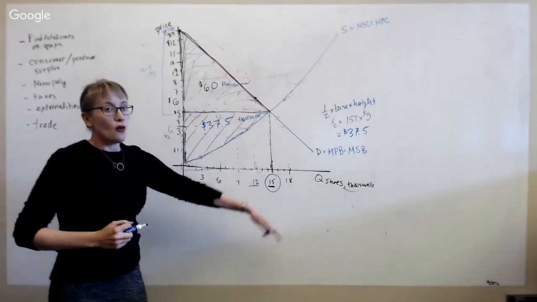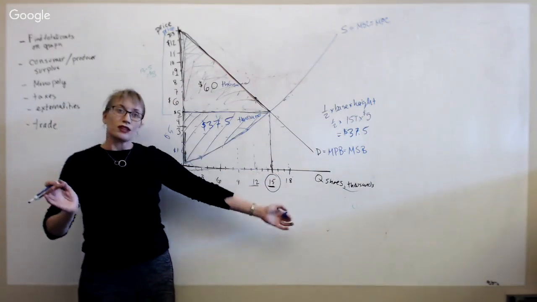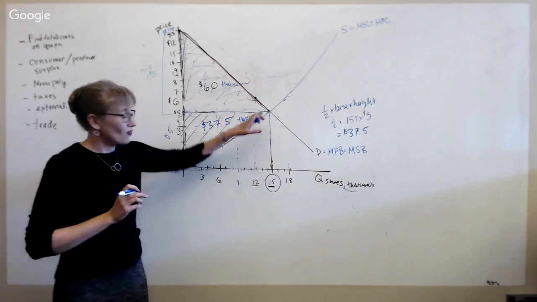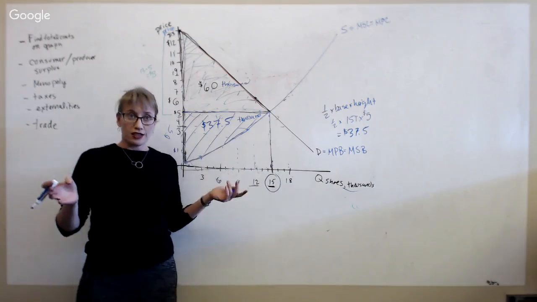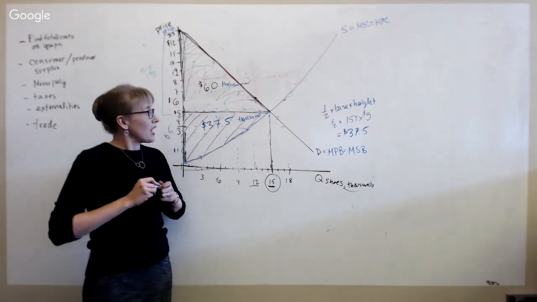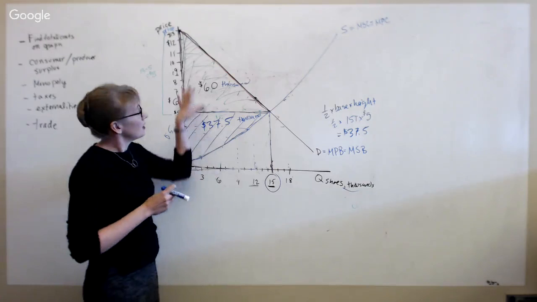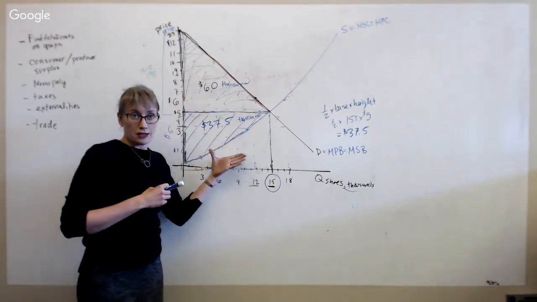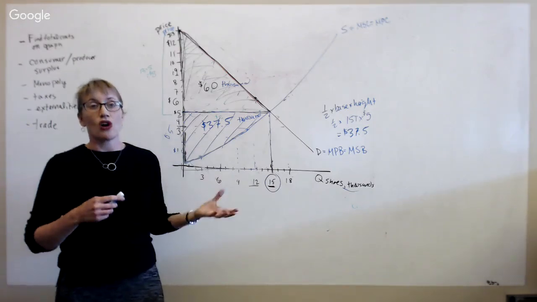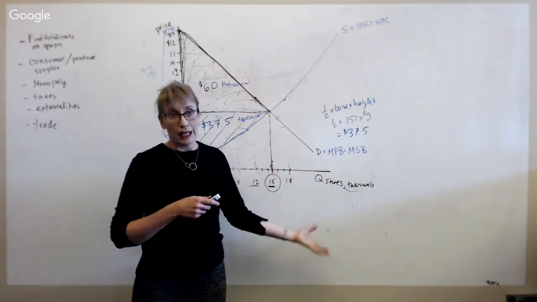And a market with no externalities that's perfectly competitive, that is in equilibrium with no intervention or price controls from the government, no taxes, total surplus, consumer surplus plus producer surplus, is as large as it can possibly be.